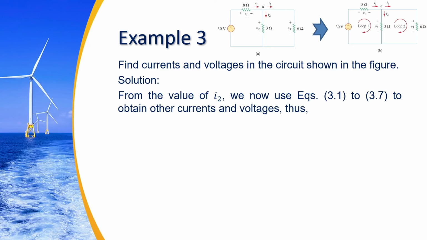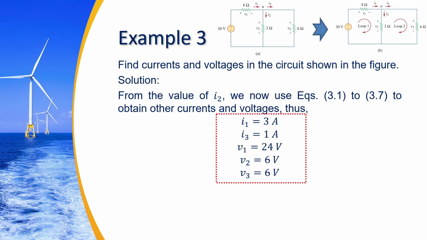So, therefore, kapag ginamit natin o sinubstitute natin yung value ng I2 sa lahat ng equations natin kanina, makuha natin yung I1 na 3 amp, then I3 na 1 amp, then yung V1 natin na 24 volts, V2 natin na 6 volts, at V3 natin na 6 volts. Okay? So, yan yung other voltages and currents natin na hinahanap.